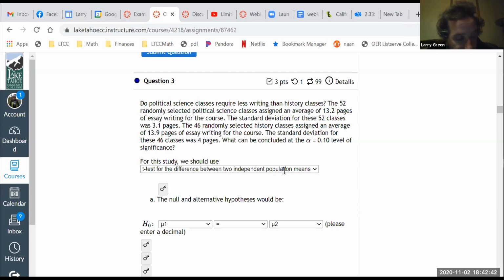Then we have N2, and N2 was 46. Then we have X2 bar. X2 bar was 13.9. And then we have S2. And S2 is 4. And alpha is 0.10.